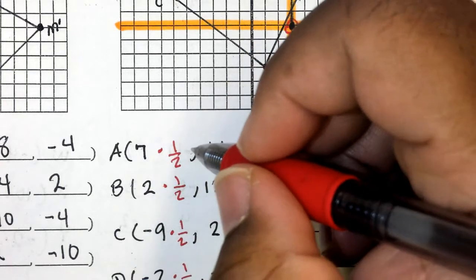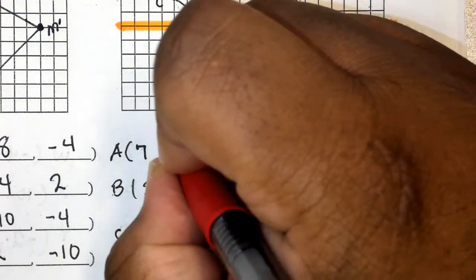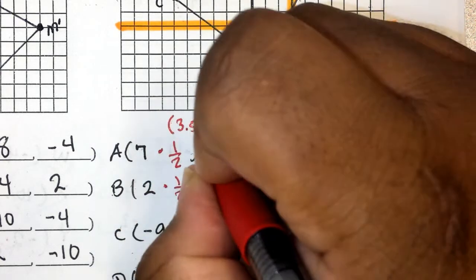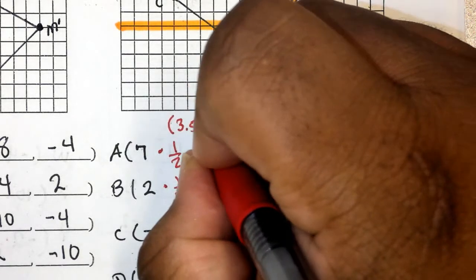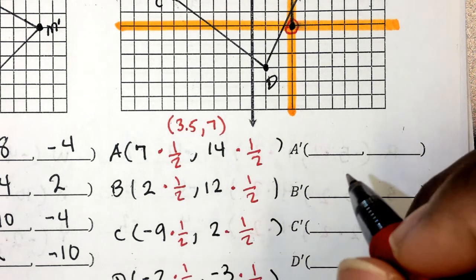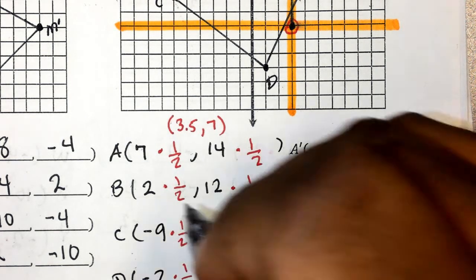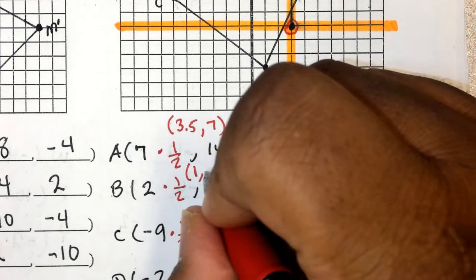7 times 1 is 7 divided by 2. That's going to be 3.5. And then on the other side, 14 times 1 divided by 2, that'll be 7. The next one, obviously, 2 times 1 divided by 2, 1. And then 12 times 1 divided by 2 is 6.